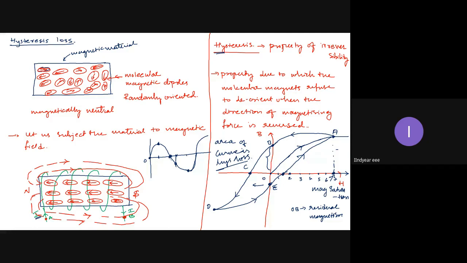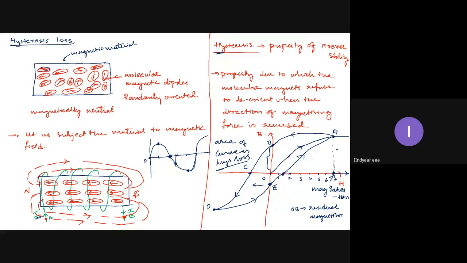Definitely I can minimize it. How? By using certain production and manufacturing techniques of the core, where the retentivity of the material is made very low. If the retentivity is low, residual magnetism is low, and the loop becomes narrower.